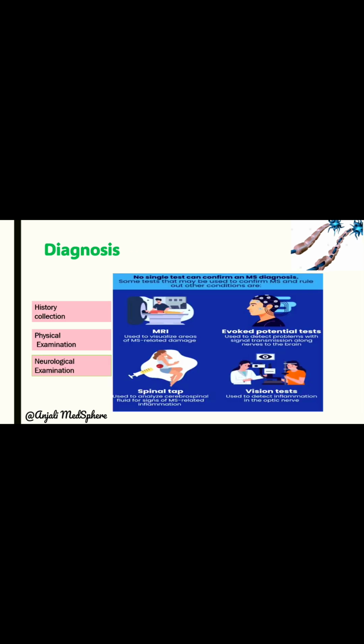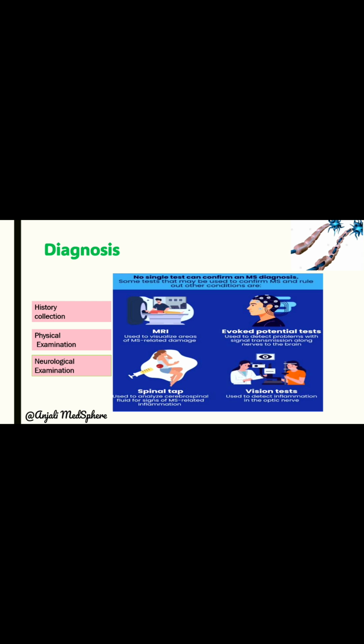To diagnose multiple sclerosis, we do history collection, as for any disease. We get information from the history about whether there was any recent infection, fever or any kind of morbidity in the patient.